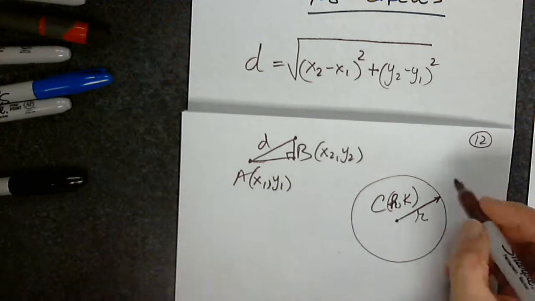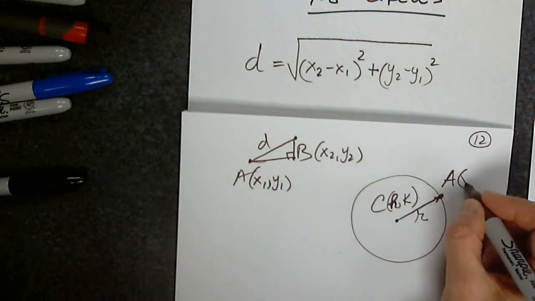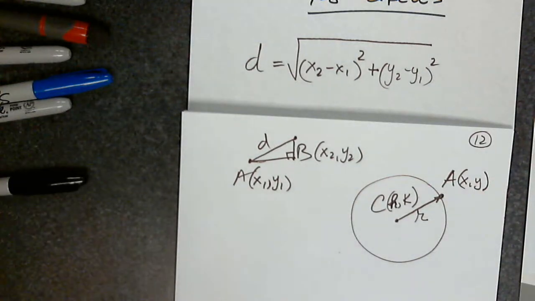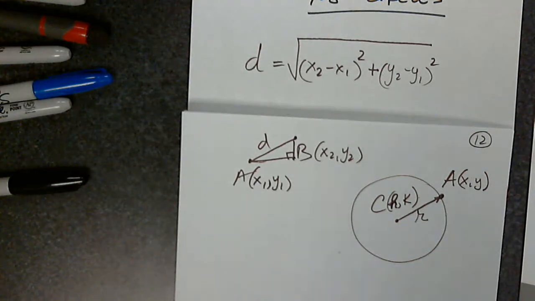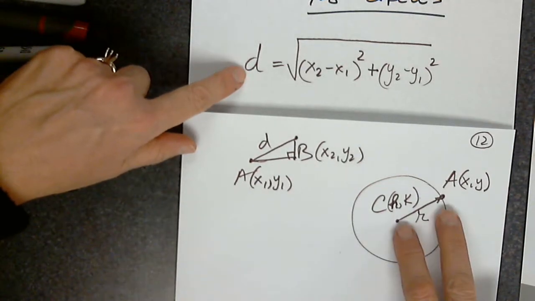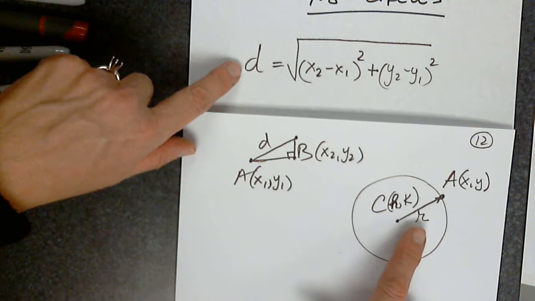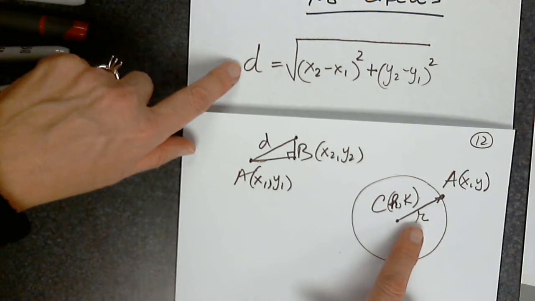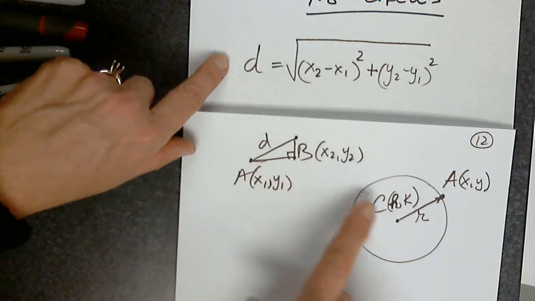And let's say that this point has coordinates x comma y, any point on the circle. Now my question is, what is the distance between these 2 points? In this case, it's exactly r, correct? So I'm going to replace this by r.